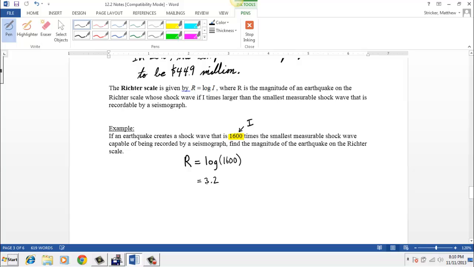So we'd say the earthquake would have a magnitude of 3.2.